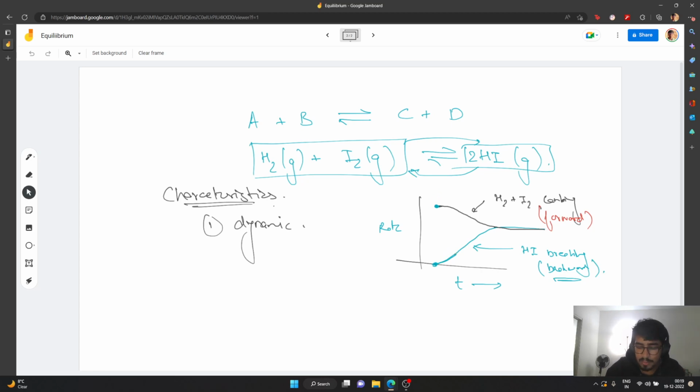And at some point, the amount that H2 and I2 want to combine to give HI is the same as the amount HI wants to break. At that point, it settles out. At the final point, you have both HI and H2 and I2 in the mixture.